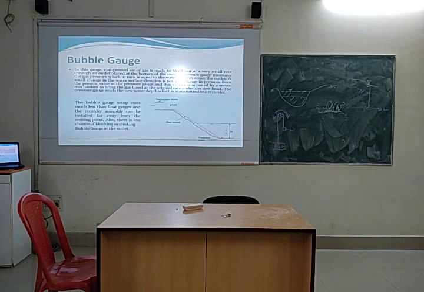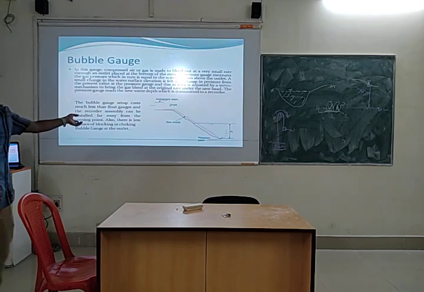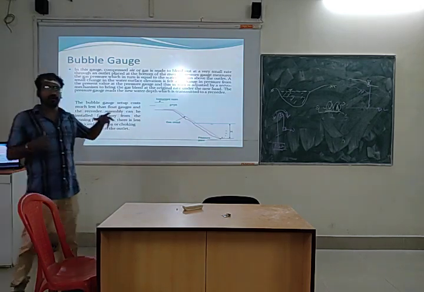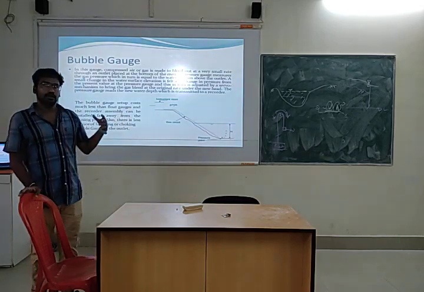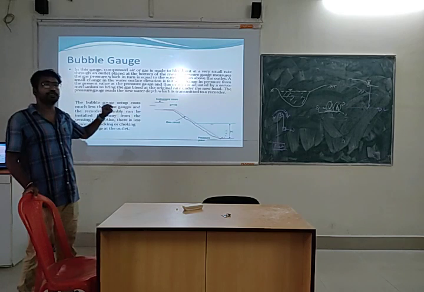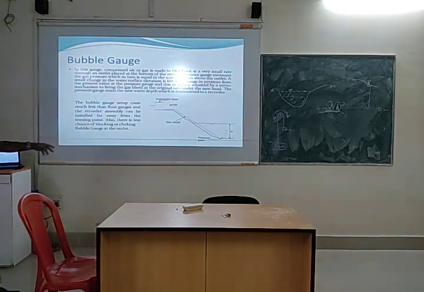Next, we have this thing called the bubble gauge, right? The last one was automatic, right? It was actually recording automatically. Two types of manual gauge I have seen, and one type of automatic recorder.